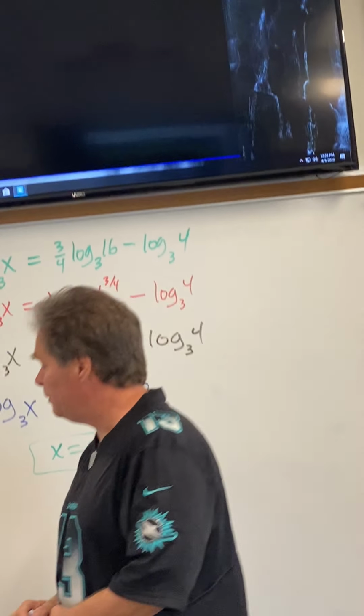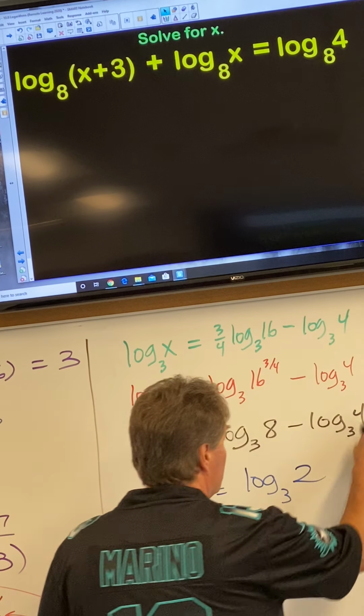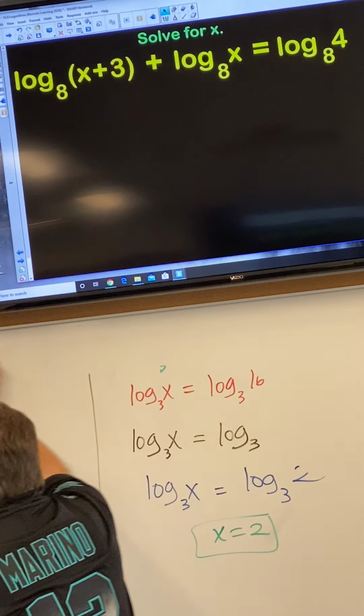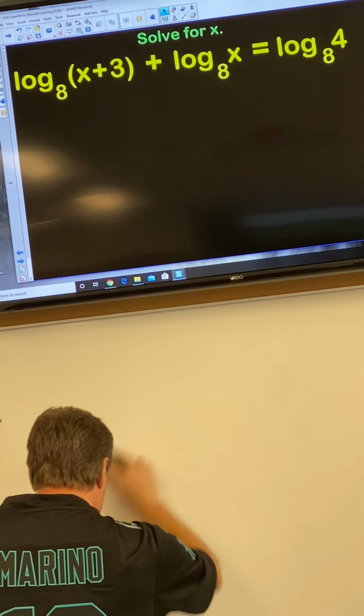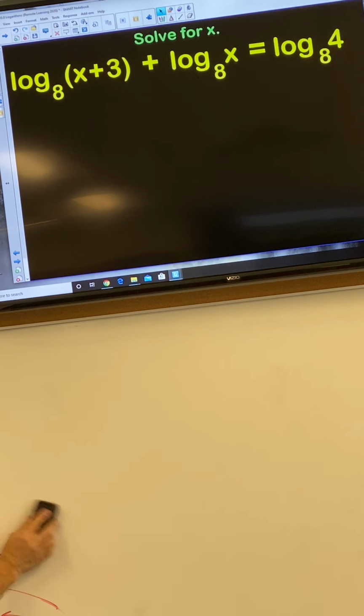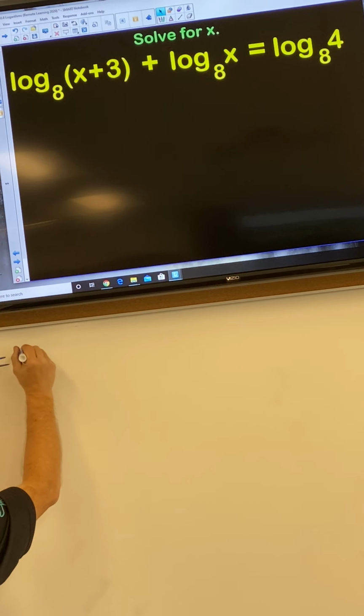Okay, let's do this one. These are fun. Here we go. Log base 8 of x plus 3, plus log base 8 of x, equals log base 8 of 4.